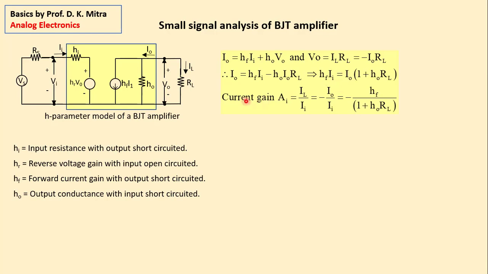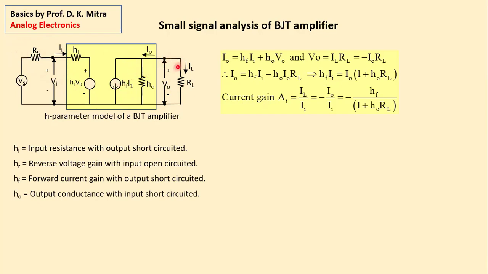So what is the current gain of the whole system? It is the load current divided by the input current II, right? Current gain of the system does not talk about IO or HF II.